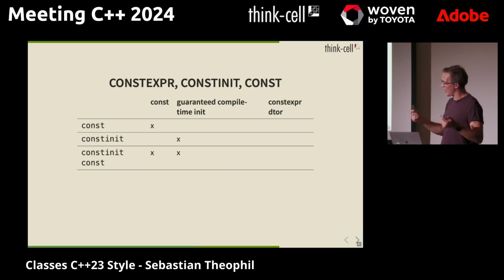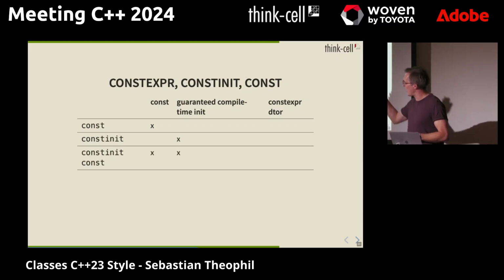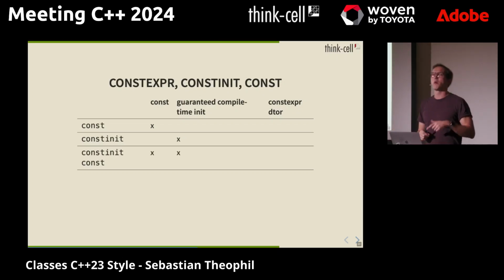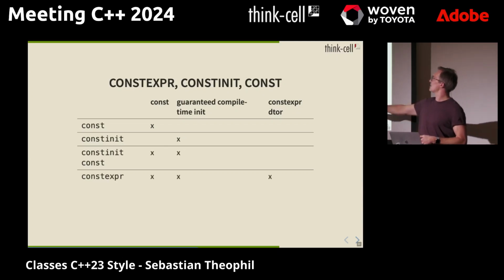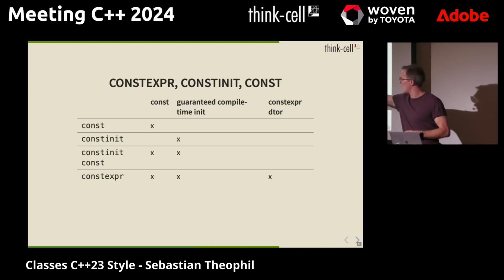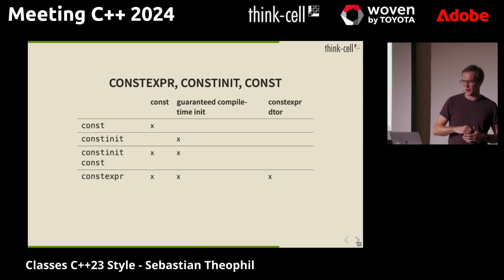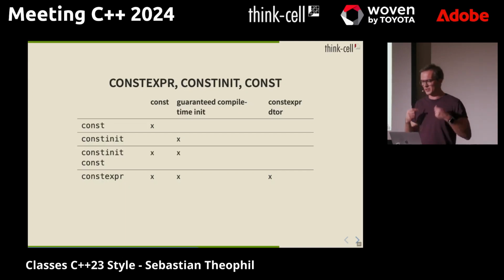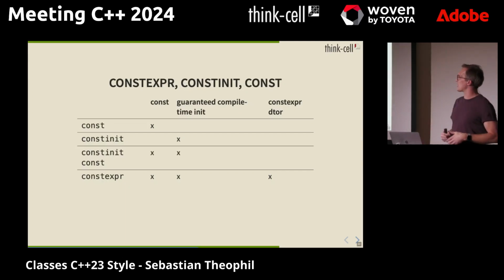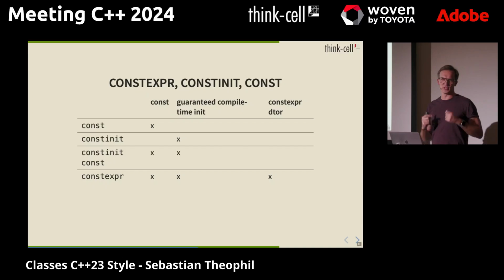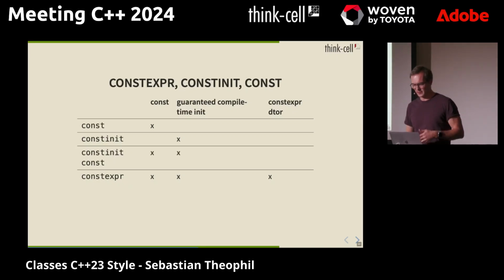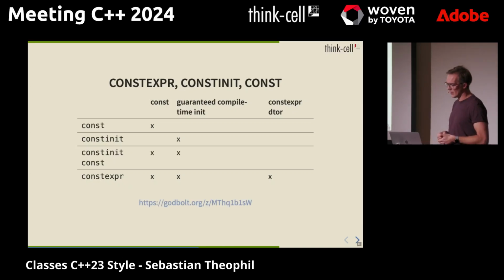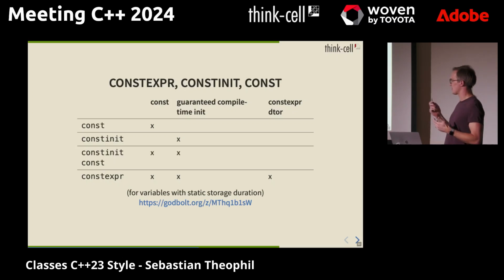That means we have a variable that is immutable and initialized at compile time, but that's not the same as Constexpr, because Constexpr also means that this variable has to have a Constexpr destructor. So a constinit const variable is immutable and does have a Constexpr constructor, but its destructor can still do std::print. The Constexpr destructor cannot do std::print, or std::println now, because that's not Constexpr. Okay, so this holds for variables with static storage duration.